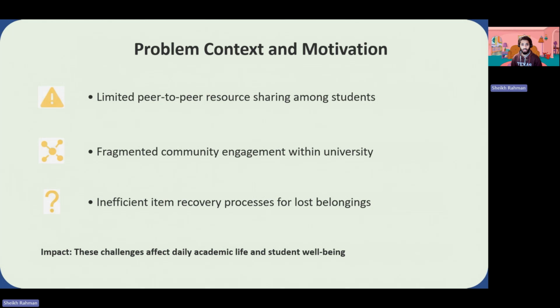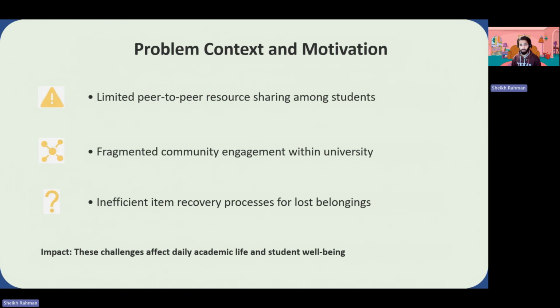Problem, context, and motivation. There are several challenges currently faced by university students. Firstly, there is limited peer-to-peer resource sharing. Students often struggle to buy or sell academic materials such as textbooks and electronics efficiently. Secondly, community engagement among students is often fragmented, making it difficult for students to communicate and support each other academically and socially.